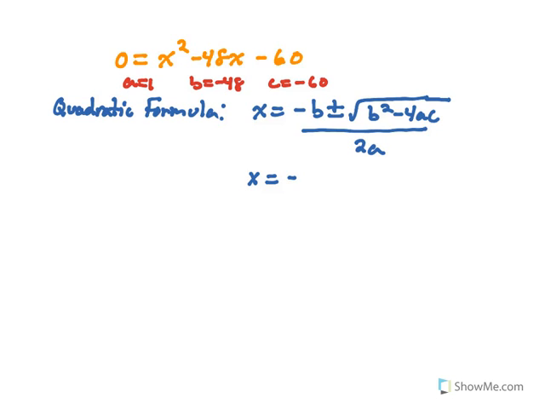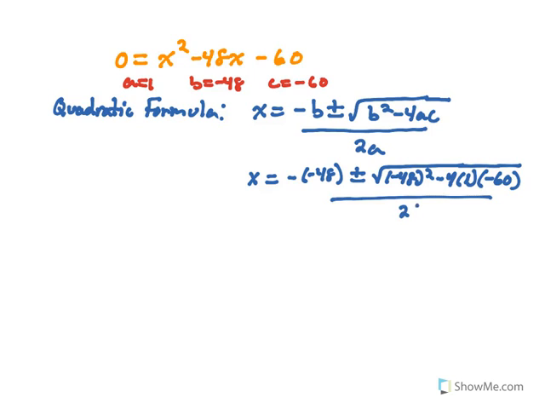So let's go ahead and do that and see what happens. Minus b, and b is minus 48, so we need parentheses around that. And b squared is minus 48 squared, minus 4 times a, which is 1, and c, which is minus 60, all over 2 times 1, which is just 2.